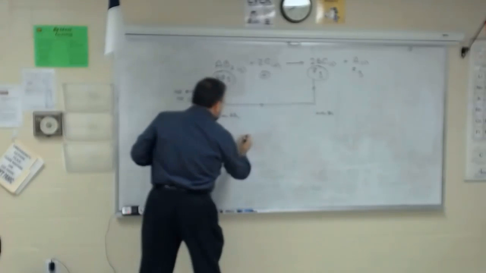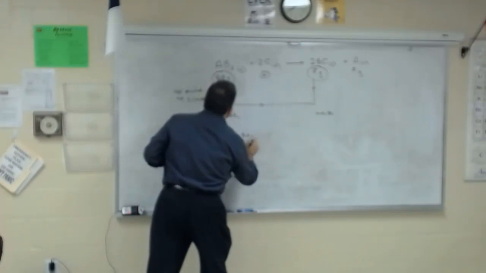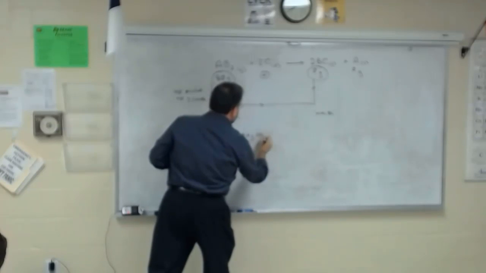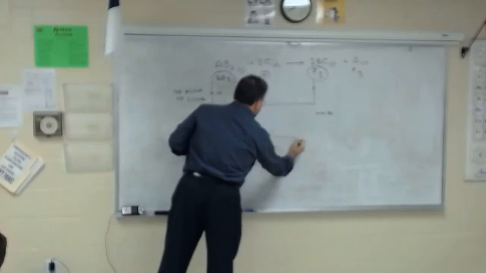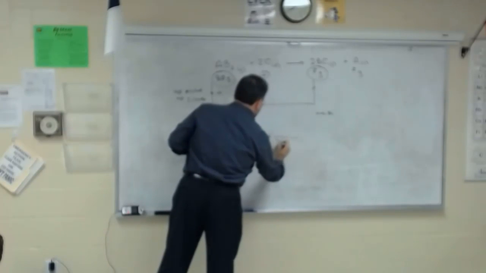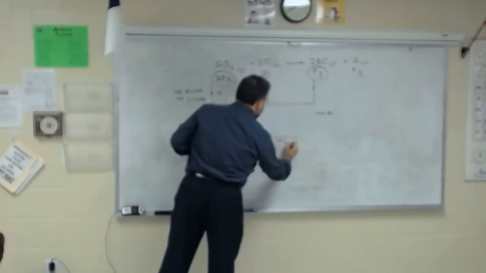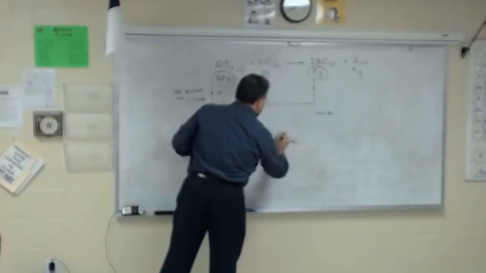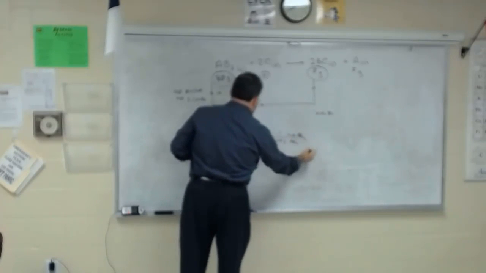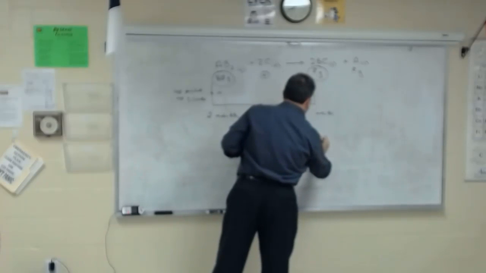Mathematically, that's 80 grams of AB2 times 1 mole of AB2 per 40 grams of AB2 equals 2 moles of AB2.